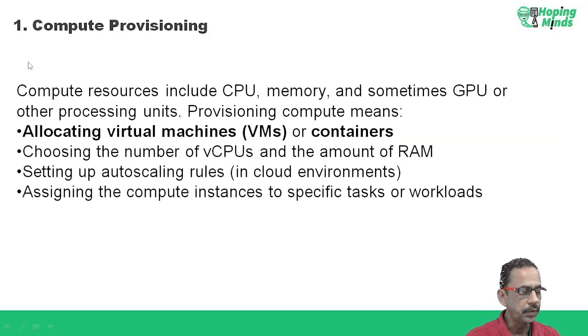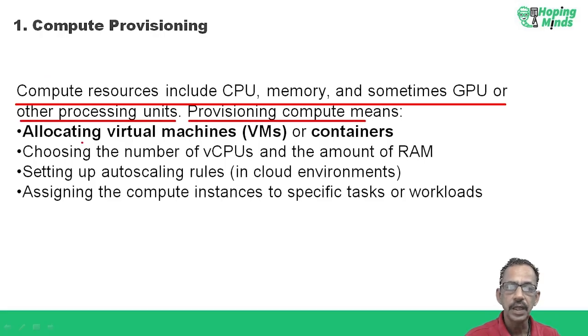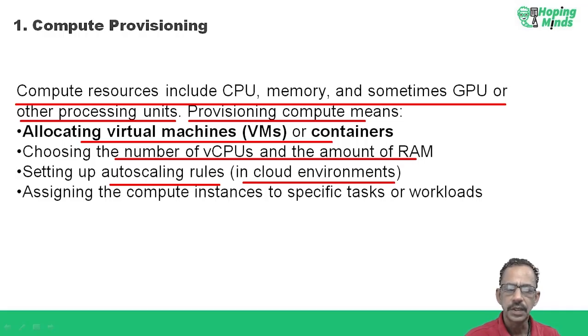So in compute provisioning, the resources include CPU, memory, and sometimes GPU and other processing units. Provisioning compute means allocating virtual machines or containers, choosing the number of vCPUs and amount of RAM. Auto-scaling rules, I think we cannot cover today, but we will discuss creating a compute resource.